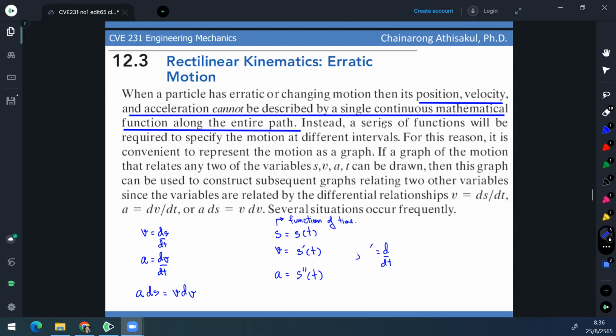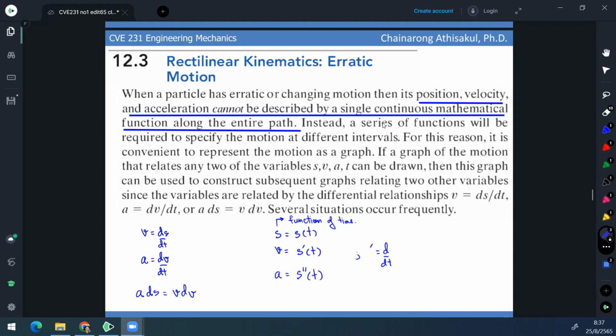These are functions of time for the case where s is a function of time. When we take the first derivative of this function, we get the velocity v. And when we take the second derivative, we get the acceleration a. For the previous topic that we have learned, it is a continuous motion.